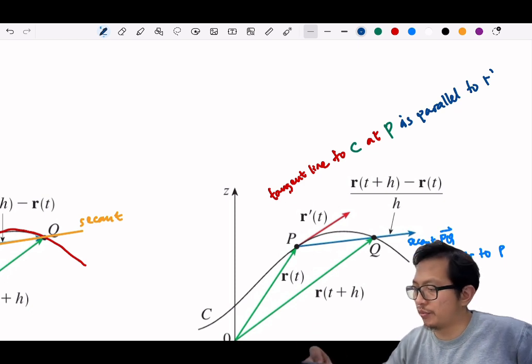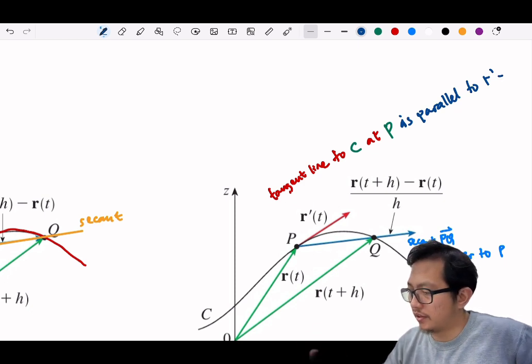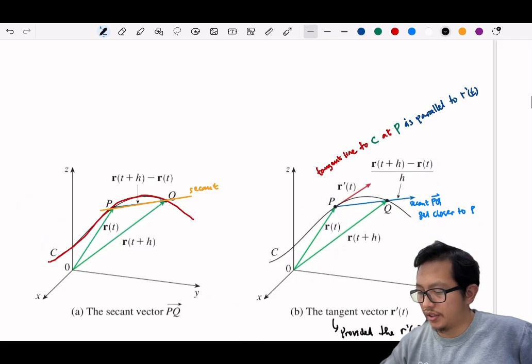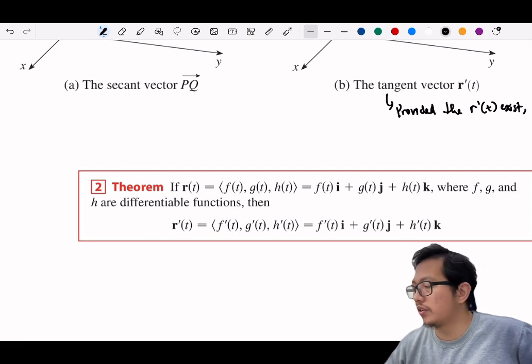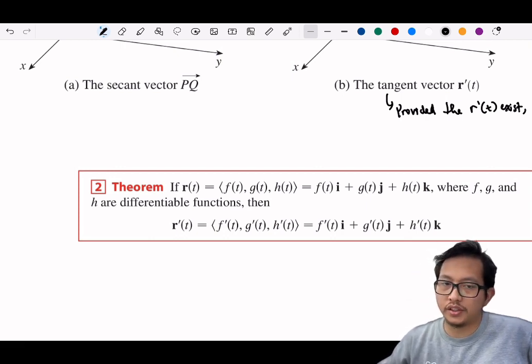I think that will be a better definition. So the short conclusion, the easy takeaway, is that every time we have a vector function and want to differentiate it, we differentiate all the components inside, all three components.